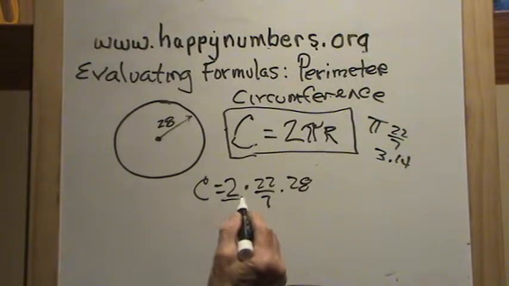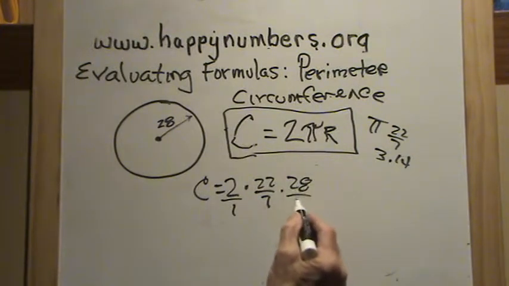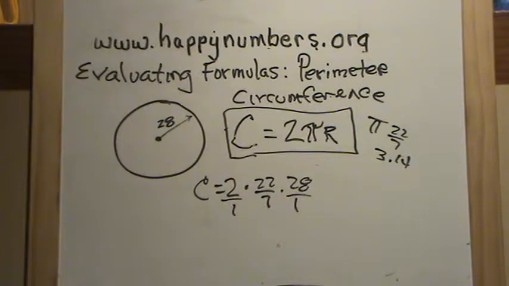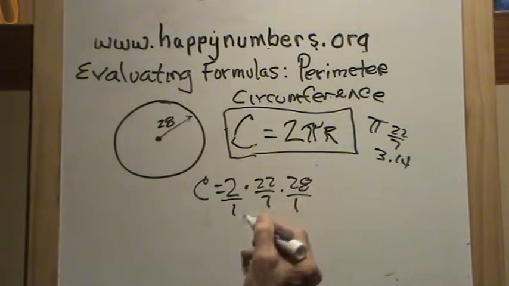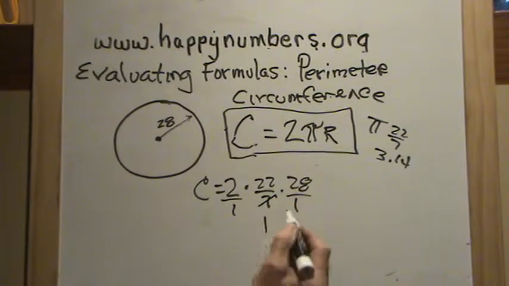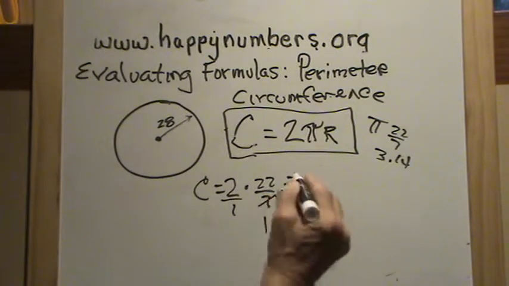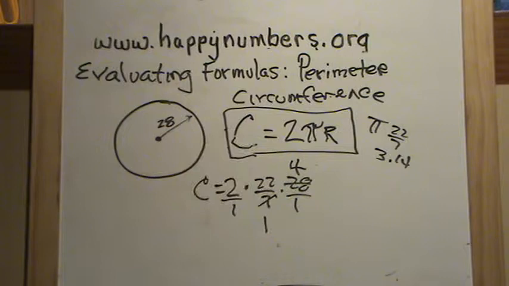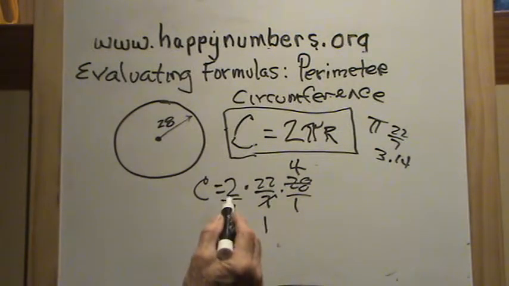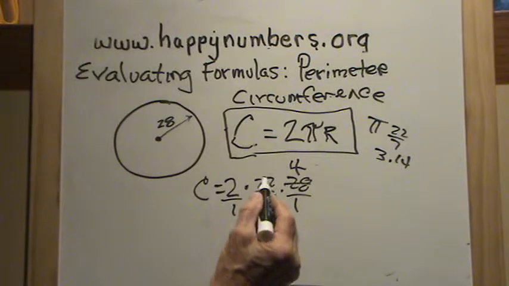Well, I can put 2 over 1, 28 over 1, and I have a multiplication of fractions. I can cancel here. 7 goes into 7 one time. 7 goes into 28 4 times. Now I'm done with my cancellation, so I multiply. 2 times 22 is 44.